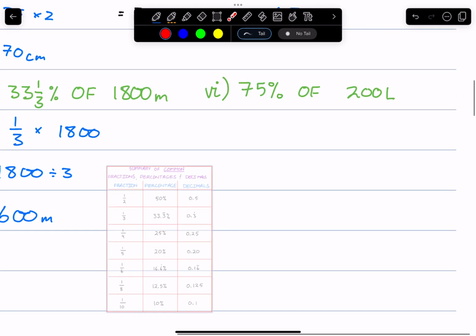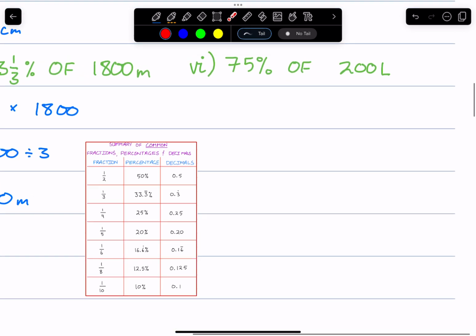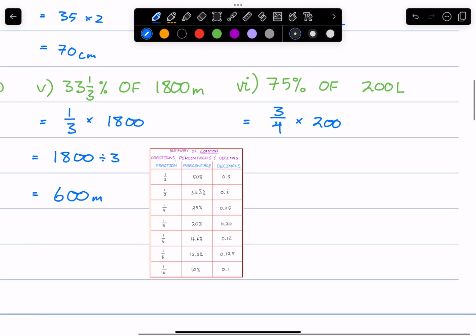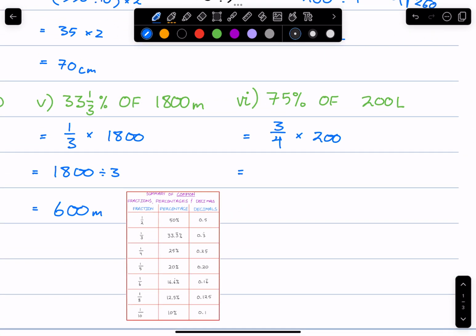Okay, so let's read this last one. 75%. Notice how this one is a multiple of the 25%. Well, if 25% is 1 over 4, 75% must be 3 over 4. So this is 3/4 times 200. For this one, we are going to divide by the denominator.